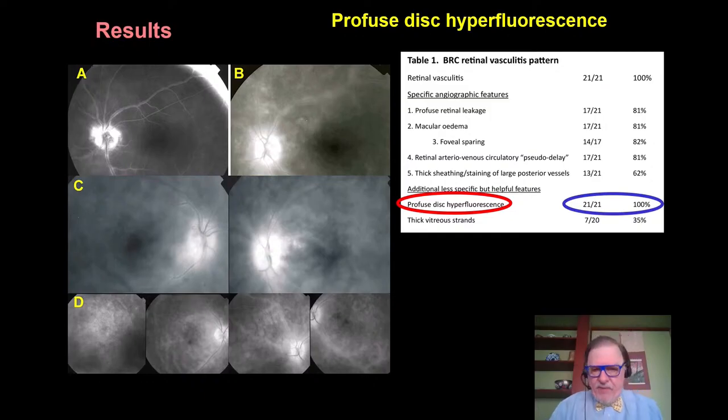More recently, there was another publication that attracted attention to the profuse disc hyperfluorescence in birdshot retinal vasculitis, which amounts to 100% of cases.